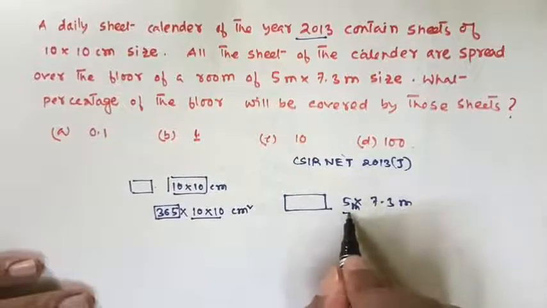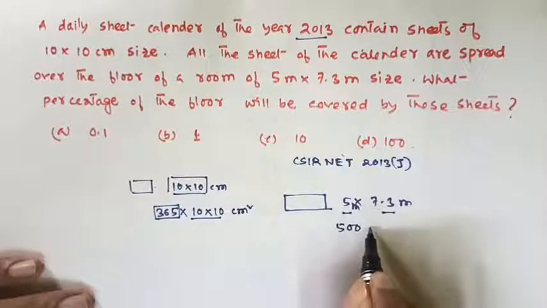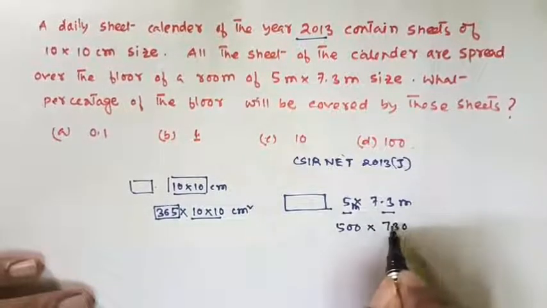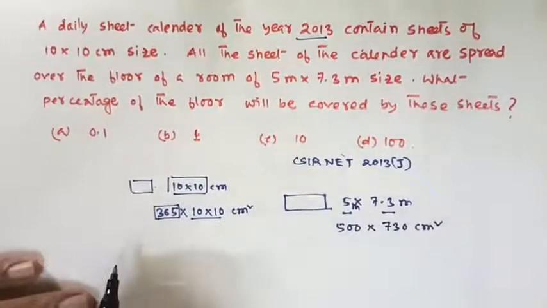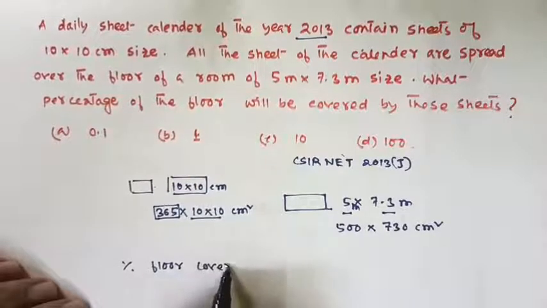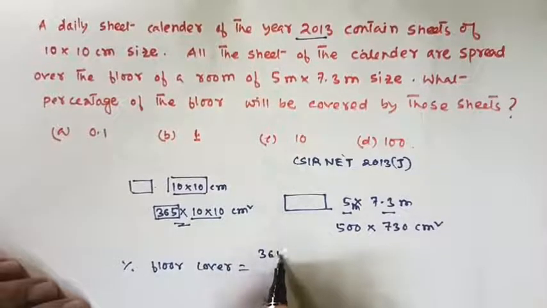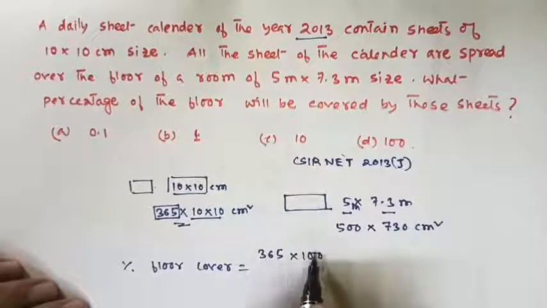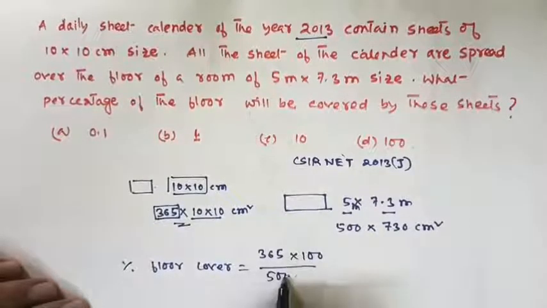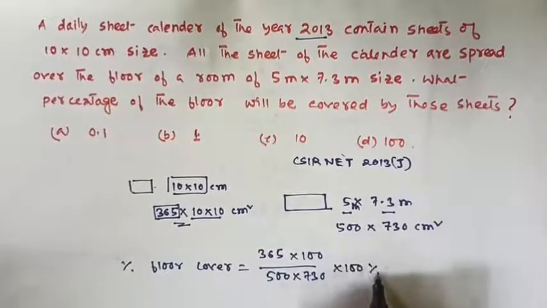We have to convert the area of the floor in terms of centimeter as well. So the percentage of the floor covered will be this area divided by this area, 365 into 100 divided by 500 into 730, into 100%.